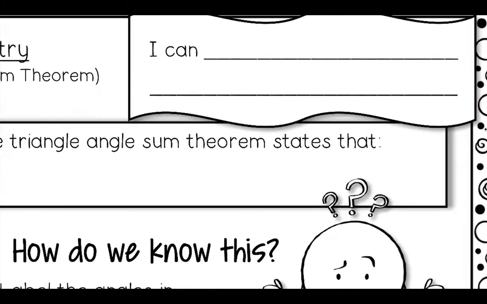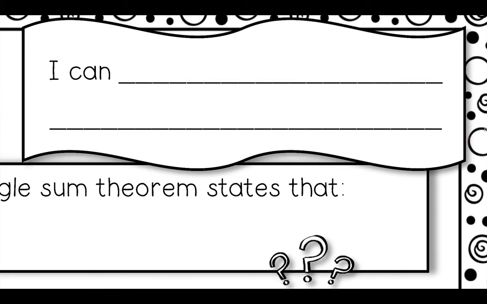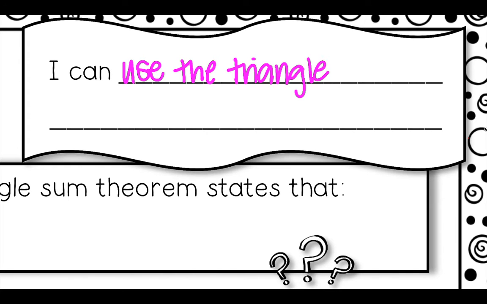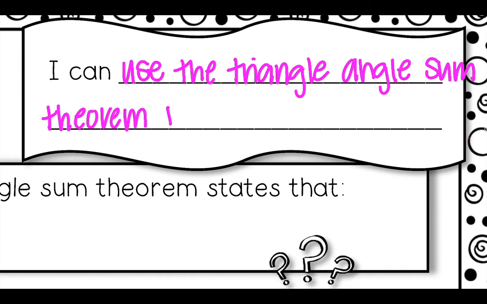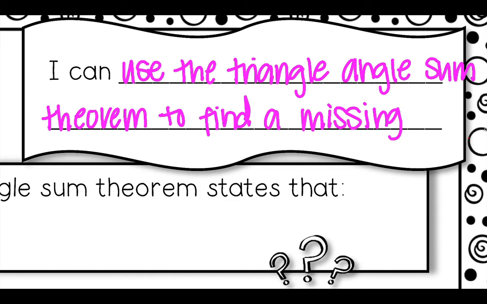What our goal is today, by the end of the day, I want you to be able to use the triangle angle sum theorem to find a missing angle in a triangle.